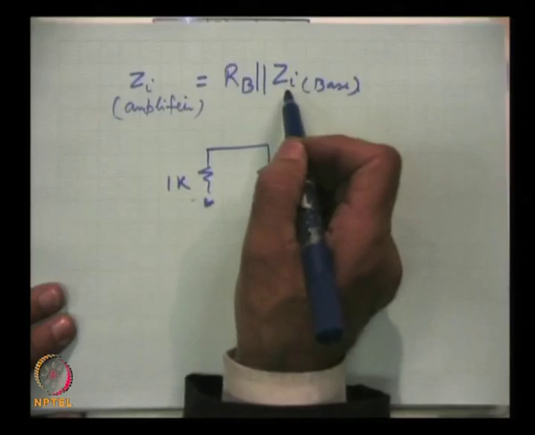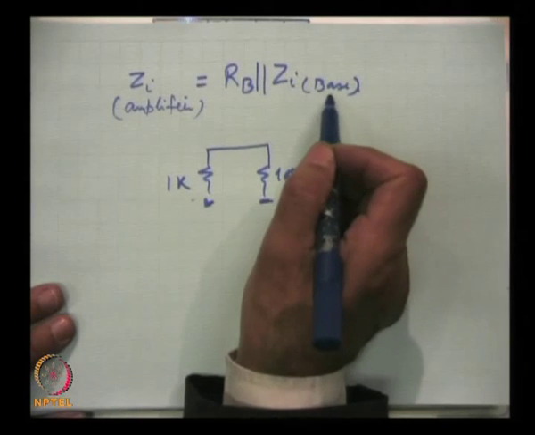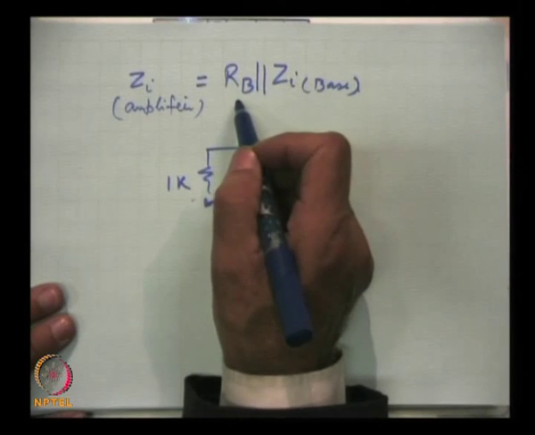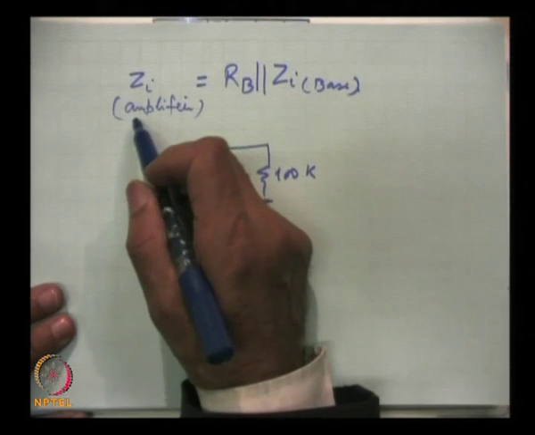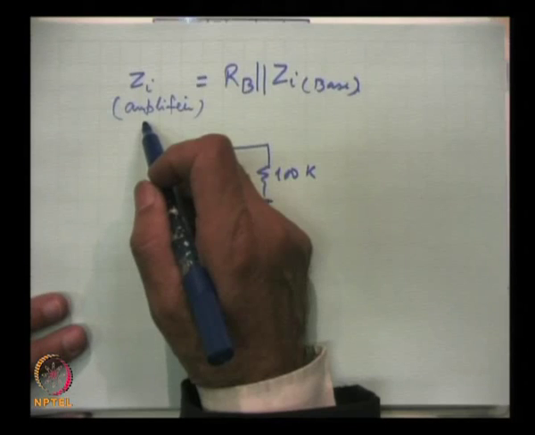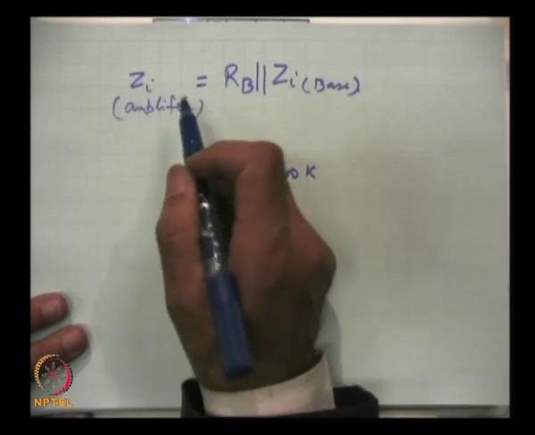So, Z I base should be high and R B we can use high, then the effective value of the input impedance of the amplifier will be high.